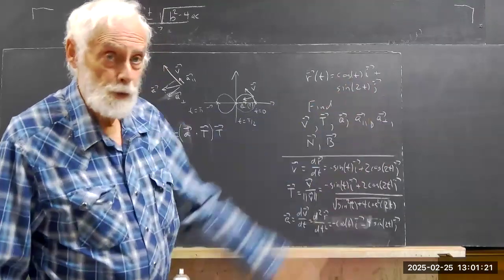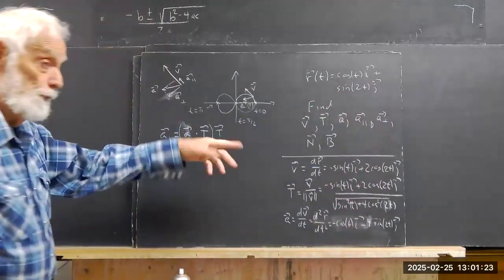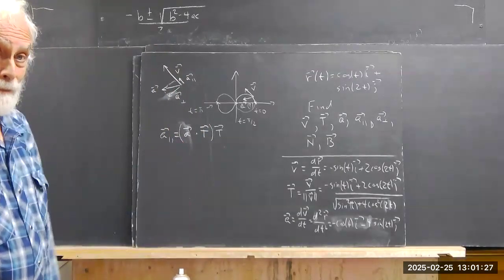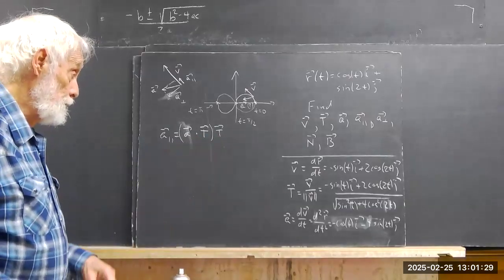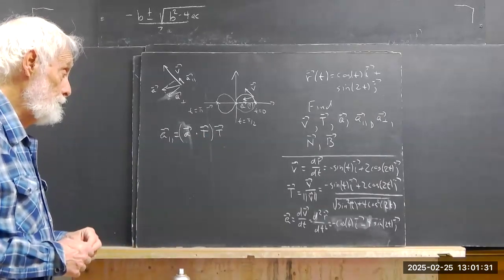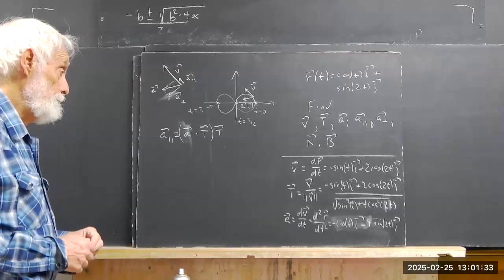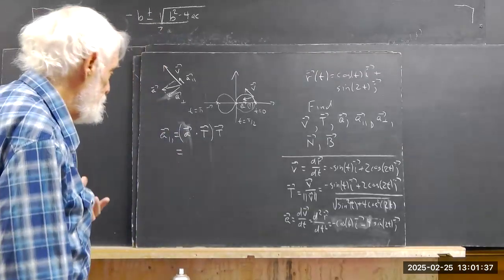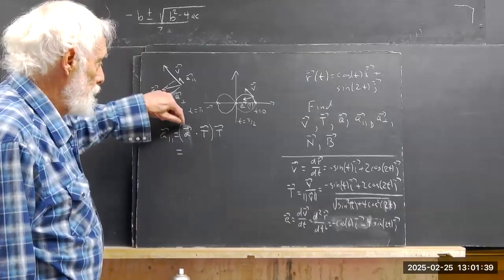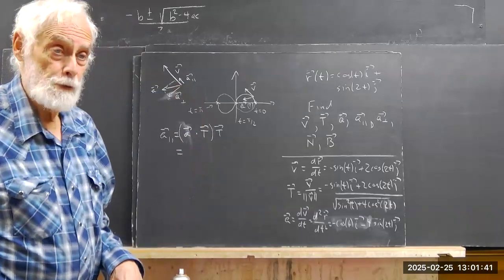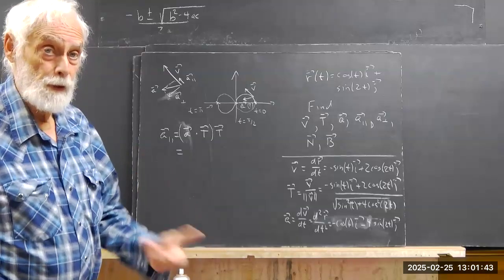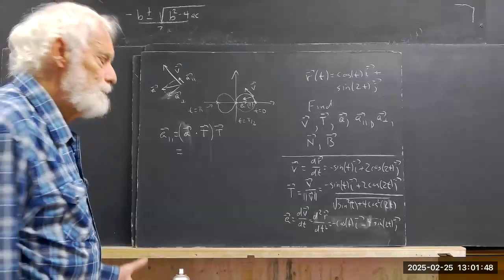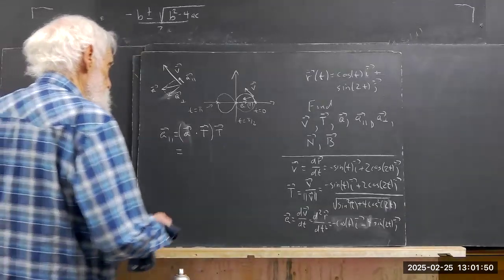If you just got the magnitude, that's okay, but you multiply it by the unit tangent vector and you get a vector of that magnitude, since the unit tangent vector is a unit vector. If you take the dot product of any vector with a unit vector, you're going to get the component of that vector in the direction of the unit vector. Make sure you understand why that is.